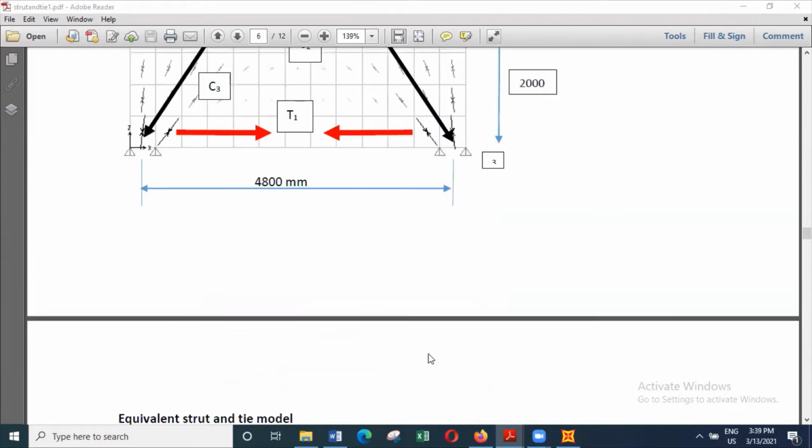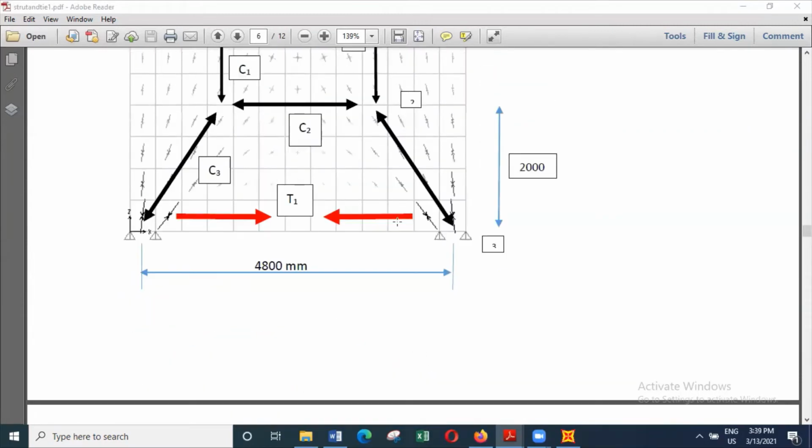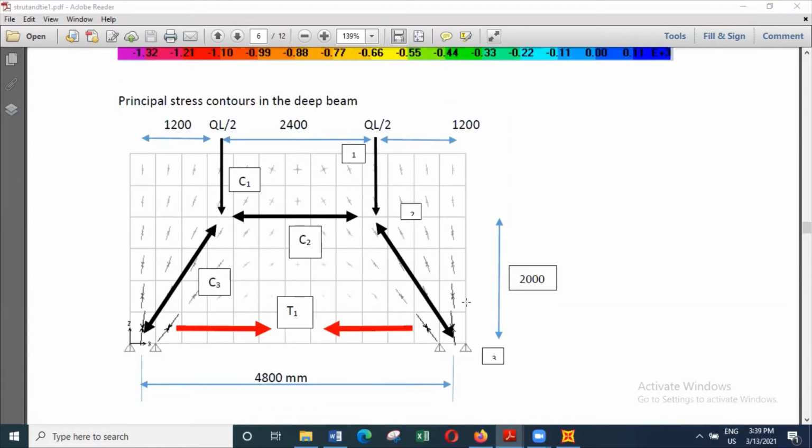So we can find the reinforcement here, and generally this reinforcement will not be concentrated at the bottom of the member. We generally distribute it over 0.1 to 0.15 of this depth. So depth is 3000.